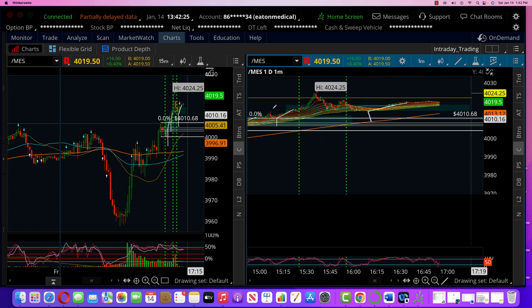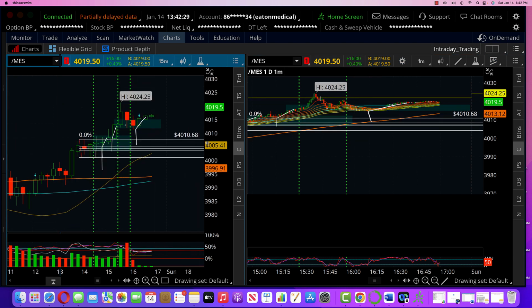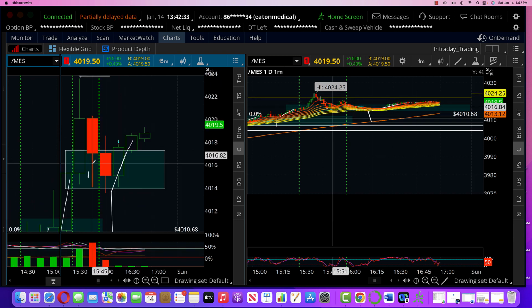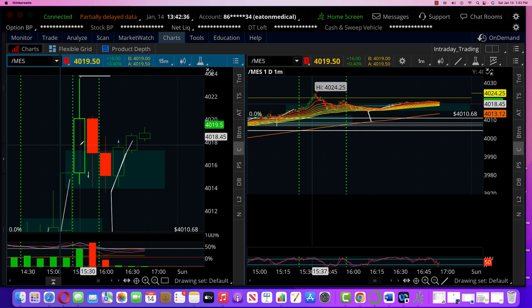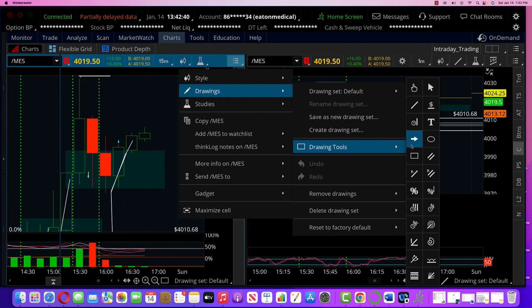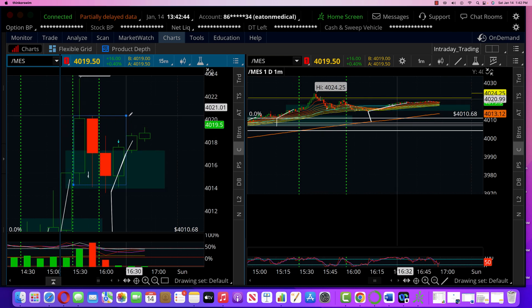And now going into the open on Sunday, we're still in this range here, the 1530 range, high volume, right? And that's our range.